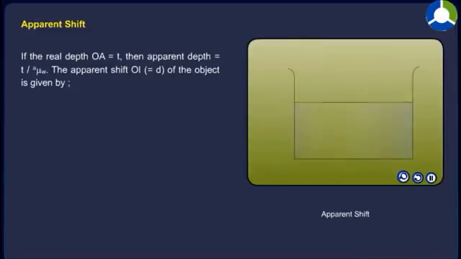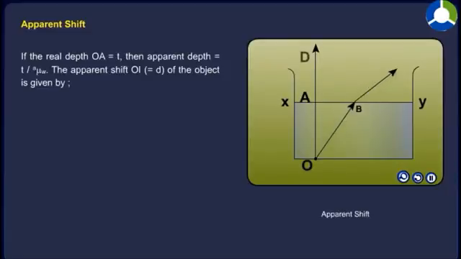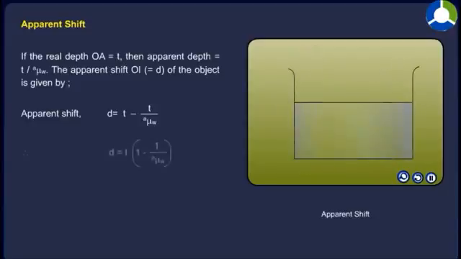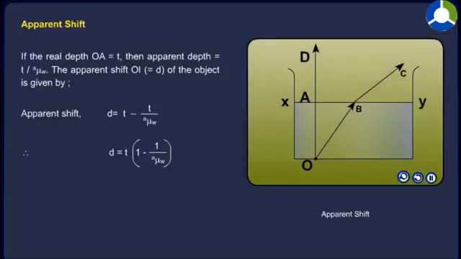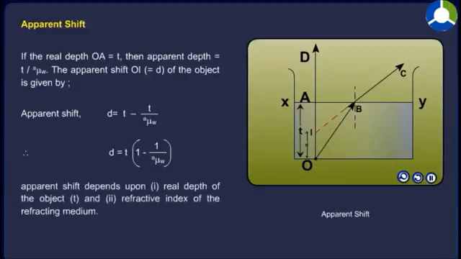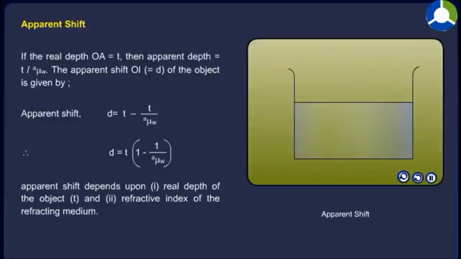The apparent shift OI, or d, of the object is given by apparent shift d is equal to t minus t upon aμW, d is equal to t into 1 minus 1 upon aμW. Apparent shift depends upon, first, the real depth of the object t, and second, the refractive index of the refracting medium.